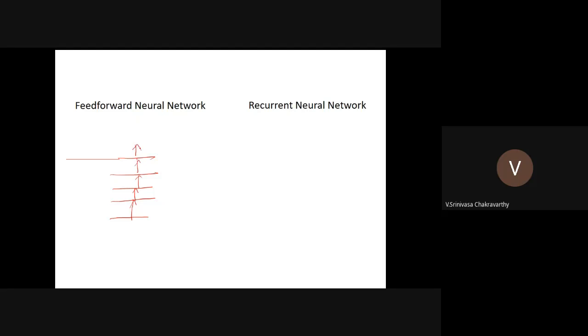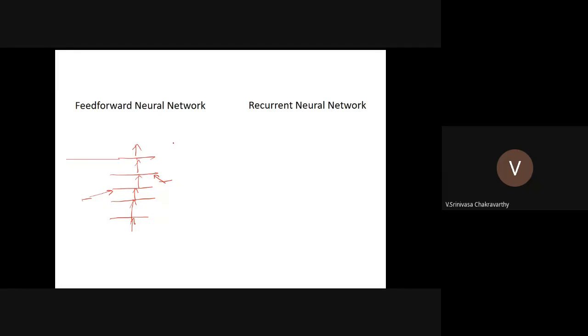You have input given to the input layer, then output picked from the output layer. You can have inputs coming in at any level, but the only condition is that there should not be loops. Because each connection has an arrow, information can propagate only in that direction. If you follow these arrows, you should not find any loops within the network. Then it's called a feed-forward neural network.